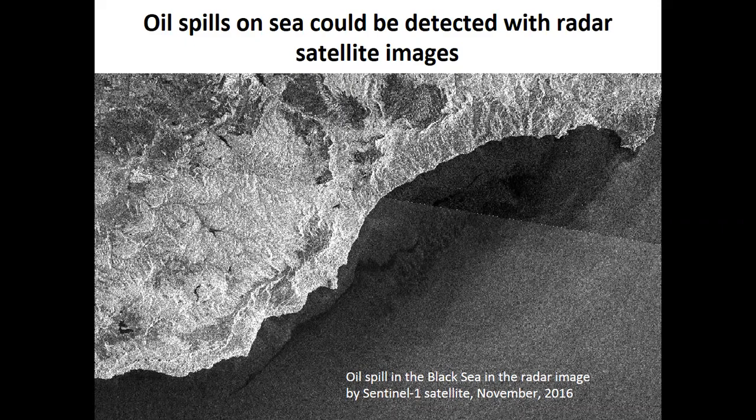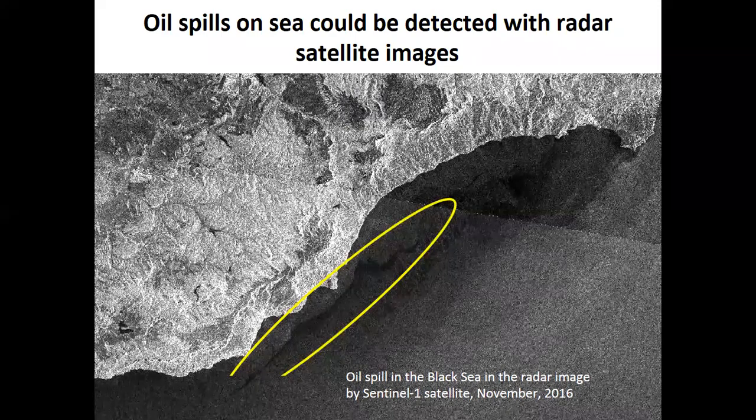And this is particularly why you could see the oil spills on the sea that could be detected with radar images, because the oil on the surface of the sea changes the shape of the waves. And so you could see these areas as darker spots over the sea surface. And this was a particular oil spill detected with radar satellite images in the Black Sea.